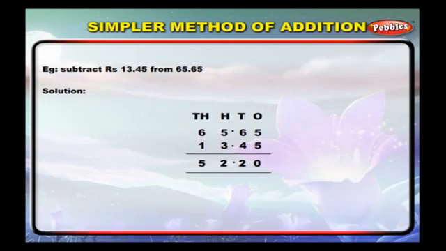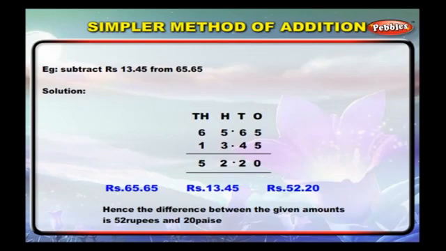Step 3. Write the difference below. 65 rupees 65 paise, 13 rupees 45 paise, 52 rupees 20 paise. Hence, the difference between the given amounts is 52 rupees 20 paise.